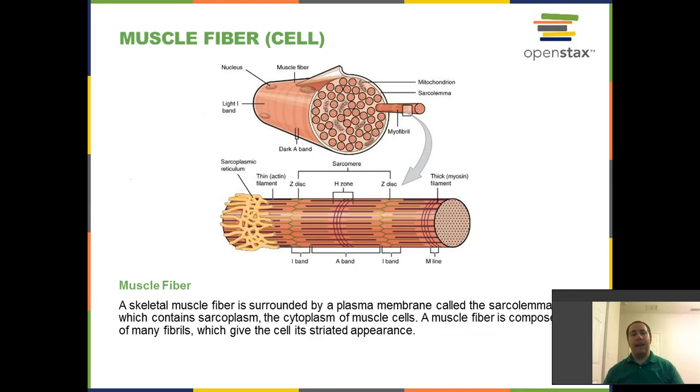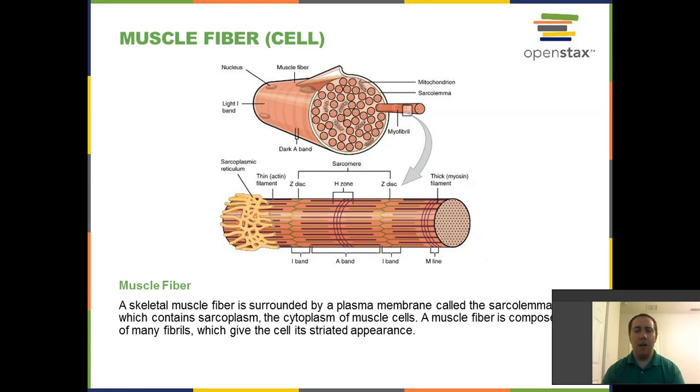So here again is our muscle fiber. Remember, this is a single cell that we are looking at. Within that, we have a number of myofibrils. Here we've taken one myofibril and we have zoomed in on that myofibril. Now, when we look at this myofibril, we see lots of little microscopic structures. These lines within that myofibril are the thin and thick filaments.